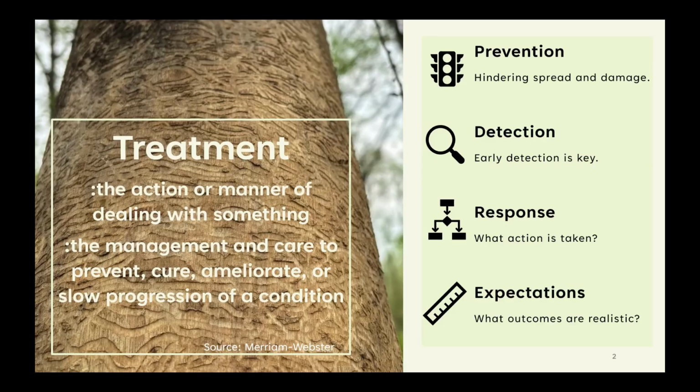Detection is another key component. Early detection is key, and we'll look at how it's important, but how it's also difficult. Response, what action is taken, and what's an appropriate level of action, and that can range from removal of ash trees.